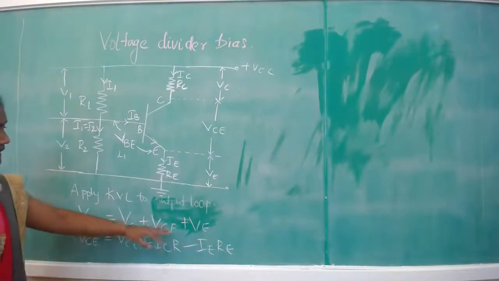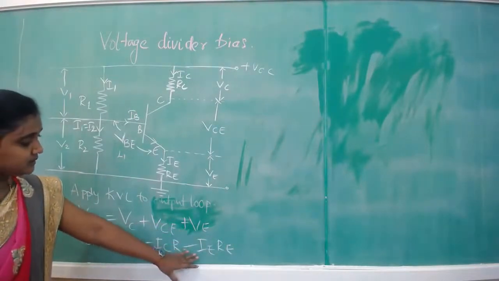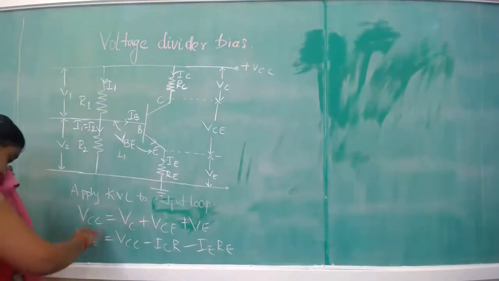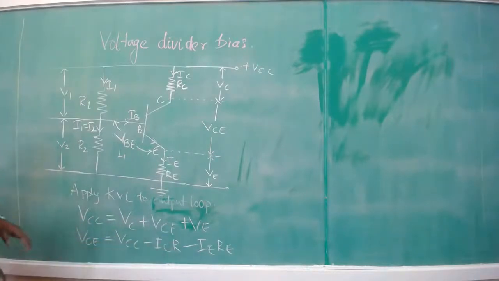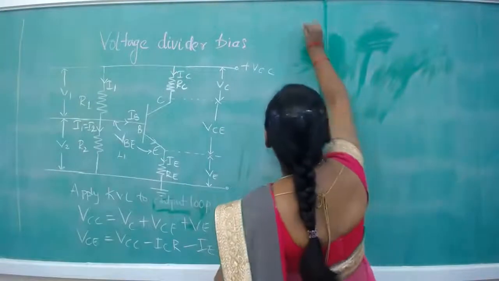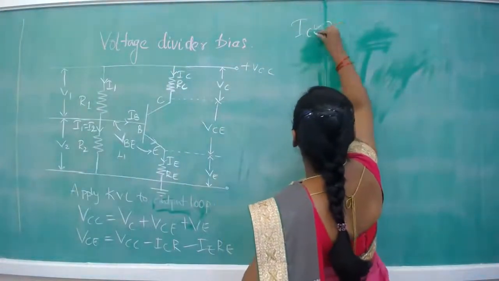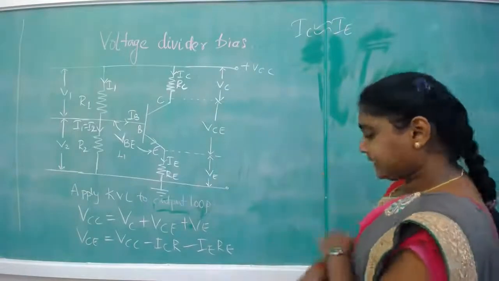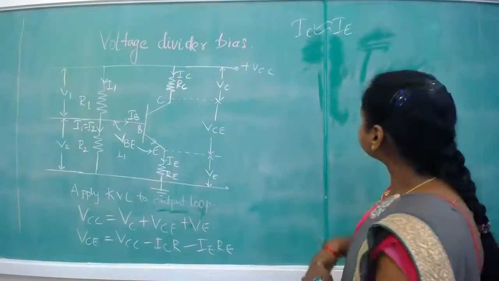That's why VC and VE are both becoming minus now, and VCC remains positive as it is. Okay, we are just writing all the three expressions that side. And we also know that IC is approximately equal to IE.